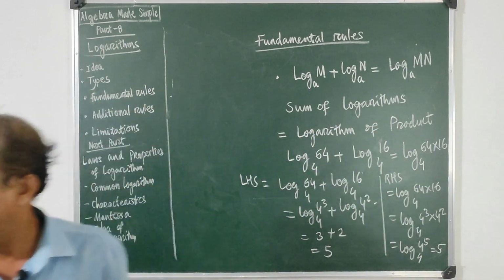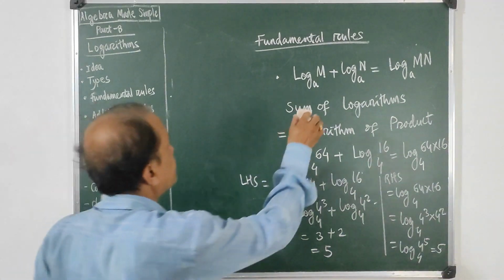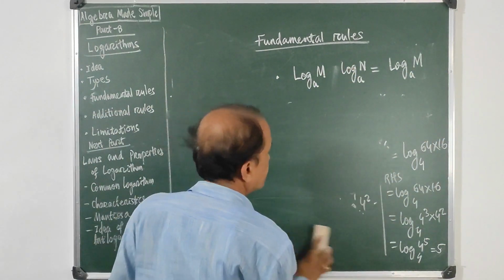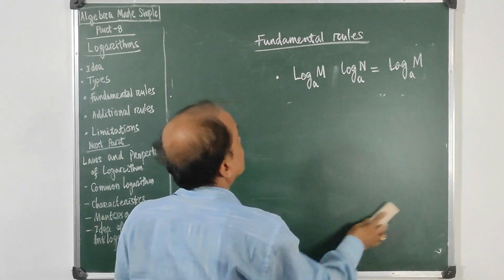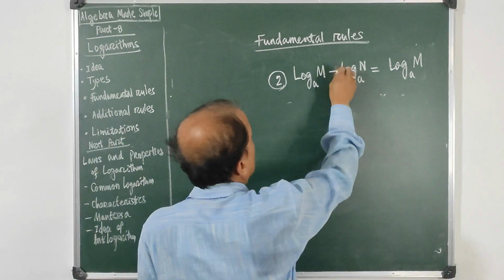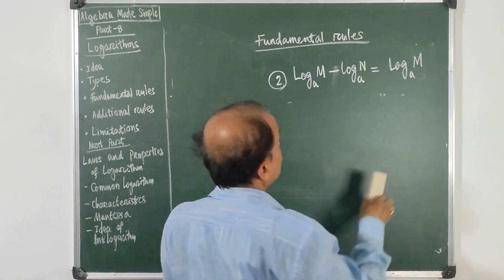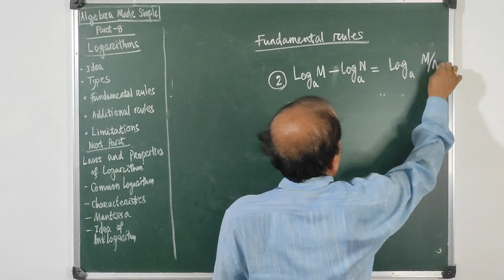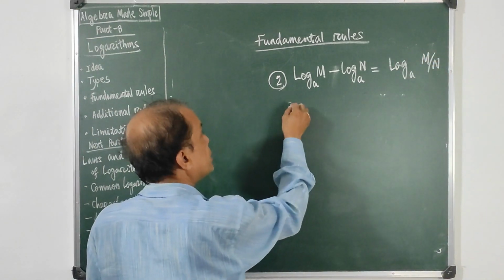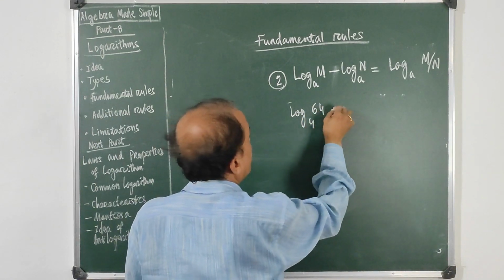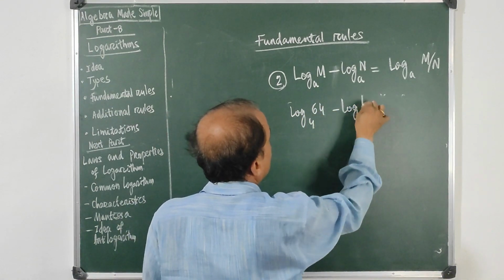Let us go for the next formula. Second formula is log m to the base a minus log n to the base a is log m by n to the base a. Let us check it. The same thing, log 64 to the base 4 minus log 16 to the base 4.